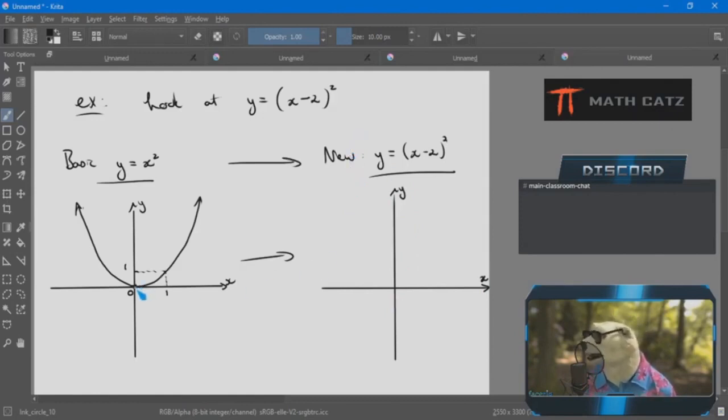Well, when I look at this bottom vertex point, in the original, I had to plug in x equal to 0 to find the corresponding y value of 0. So in the basic original, an x value of 0 gives me the answer for y, 0.